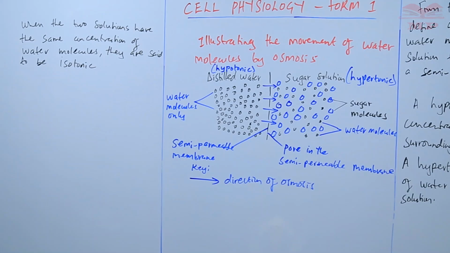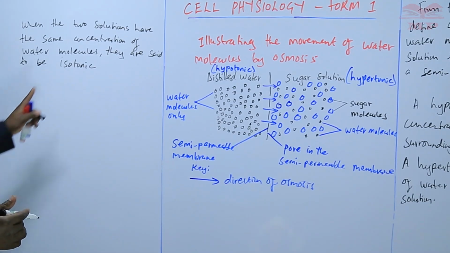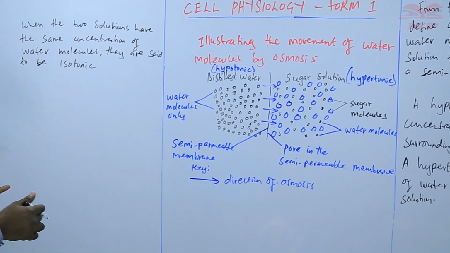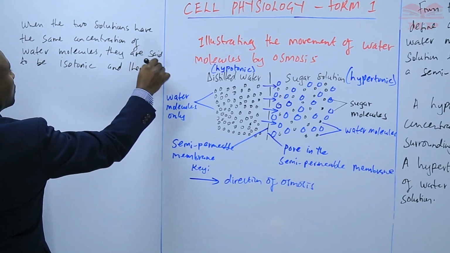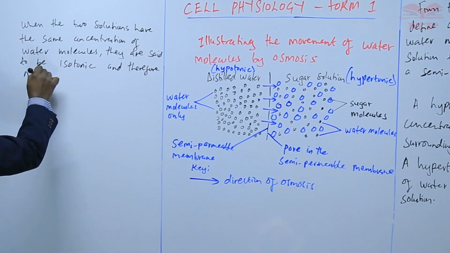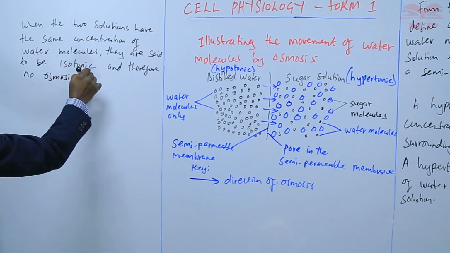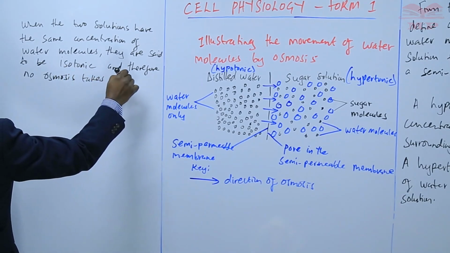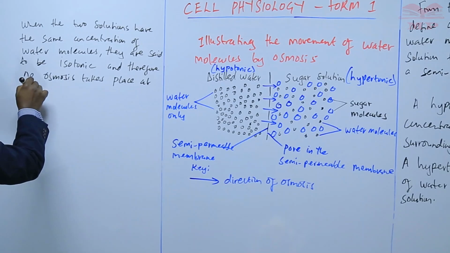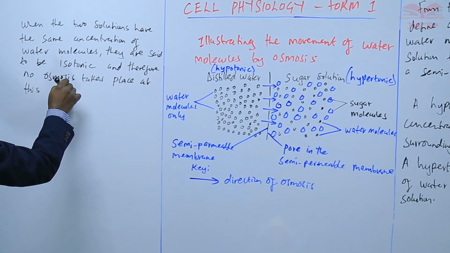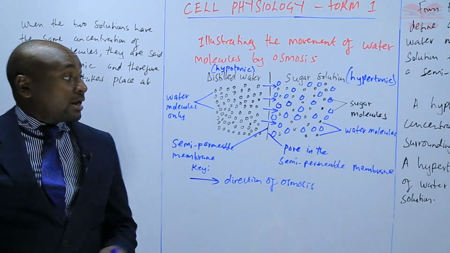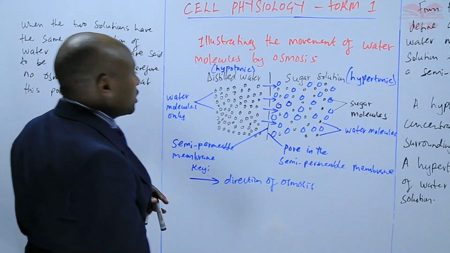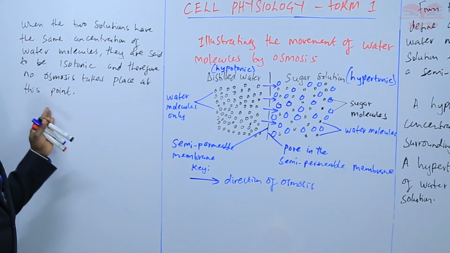They have the same concentration, the two solutions that are surrounding each other. So they are said to be isotonic if they have the same concentration of water molecules. And therefore, no osmosis takes place at this point. So that is basically an explanation on hypotonic solution, hypertonic solution, and isotonic solution.